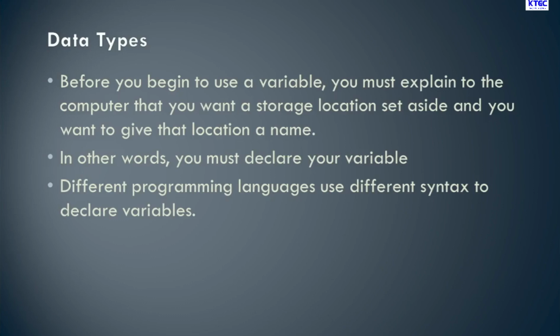Before you begin to use a variable, you must explain to the computer that you want a storage location set aside, and you want to give that location a name. That is what we call variable declaration. In other words, you must declare a variable. For example, if I want to take an input from a user and say they should enter their name, I'll declare a variable called name and say it's equal to, then prompt them to enter their name.